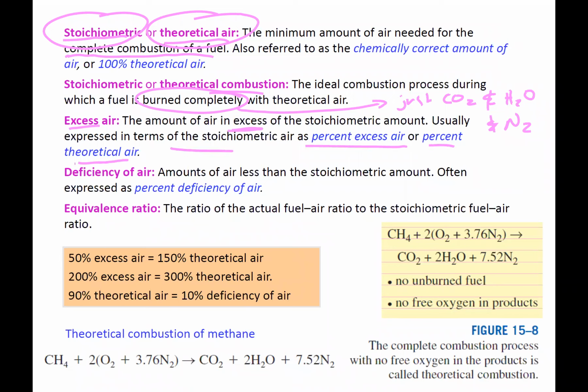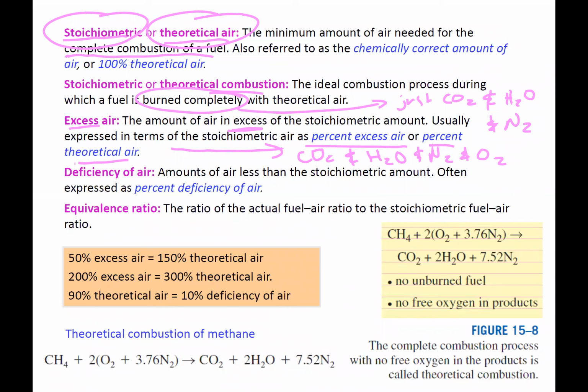In this one you'll have CO2, H2O, and N2, but because you have more oxygen than you need, you would have some excess oxygen in the products also. That's the excess.